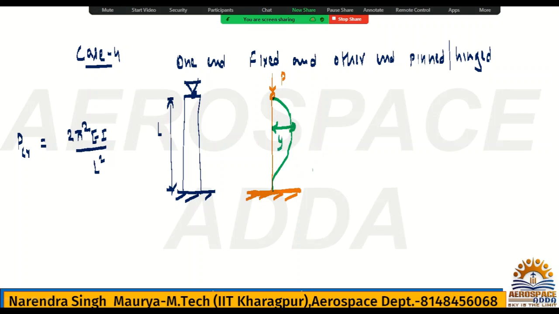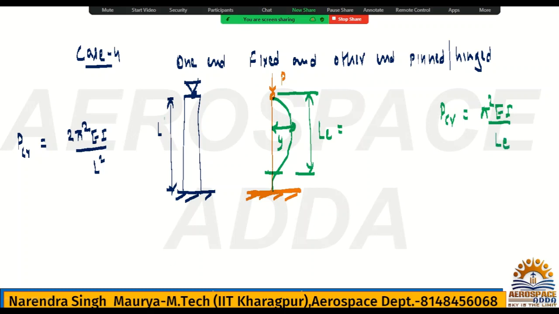Anyway, for this case, if you check the value of LE, how to get that? We know PCR is equal to our standard formula, pi square EI by LE square.